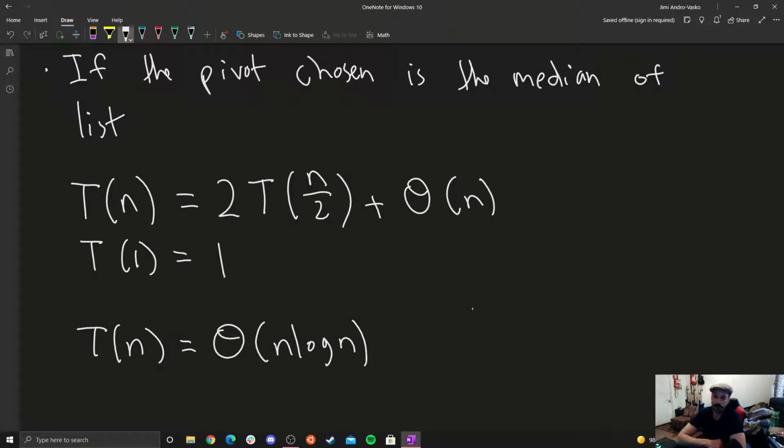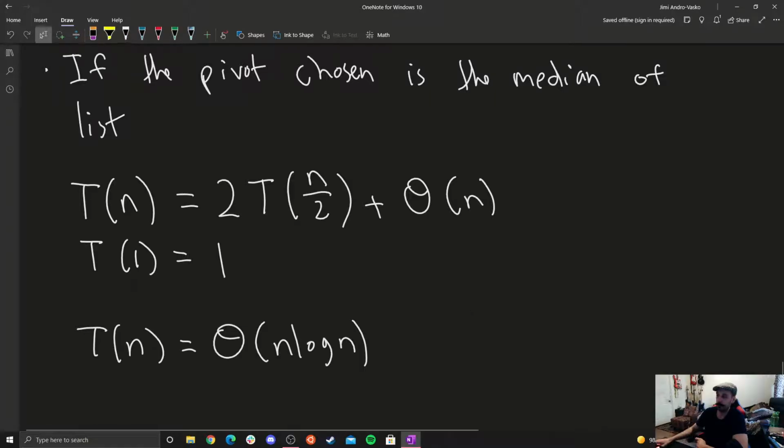Of course, I could do a more visual proof for this, but this recurrence relation really does paint the picture. It shows exactly how the algorithm will run if the median is always chosen. Now, we don't always have to choose the median every single time.